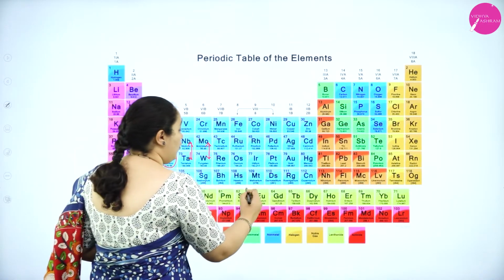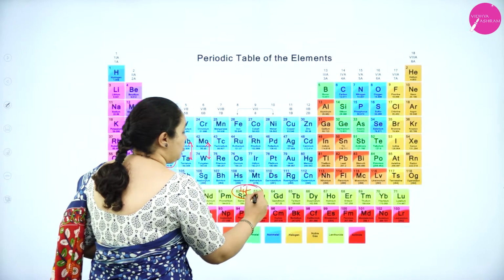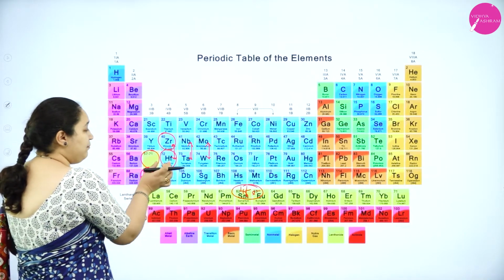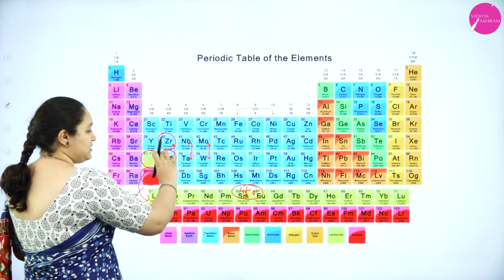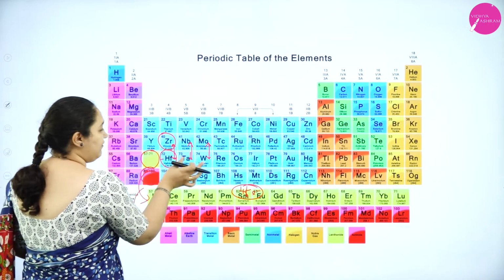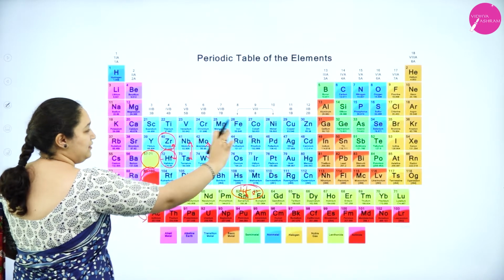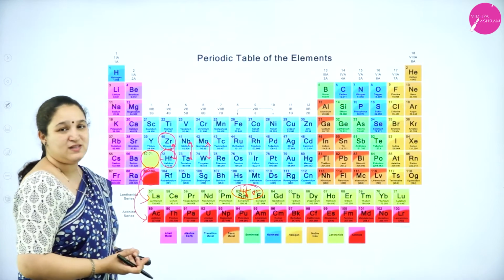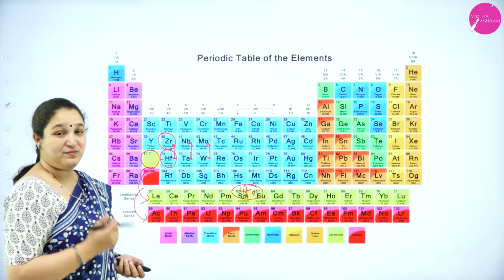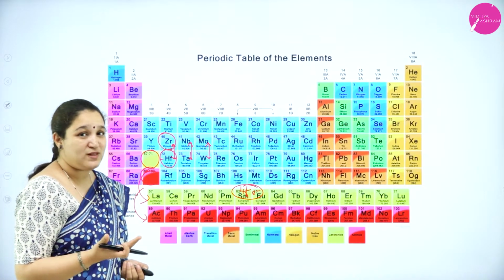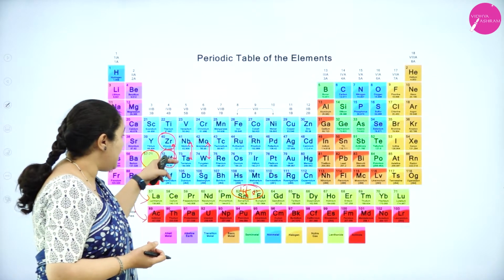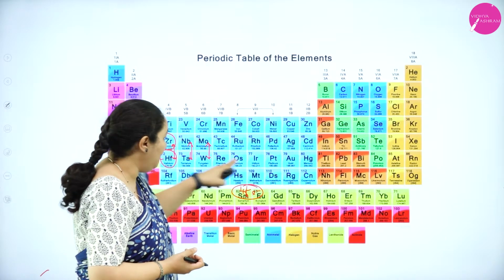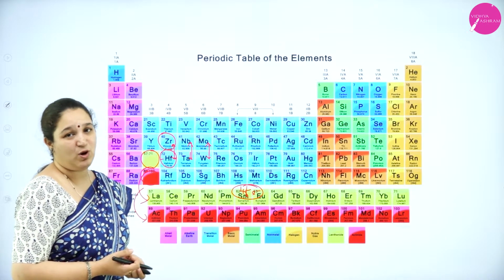And here 4f electrons have very poor shielding effect. Here continuously there is a decrease. Because of that, if you see the elements after 71, when placed below the second transition series, both have the same atomic size and similar properties. That's why we say the consequence of lanthanoid contraction is the same atomic size between the second transition series and the third transition series in d block elements.